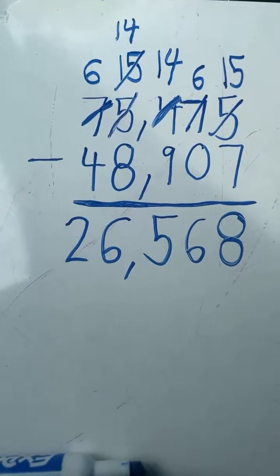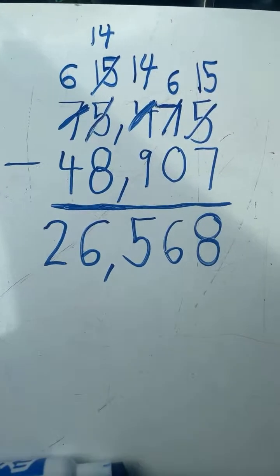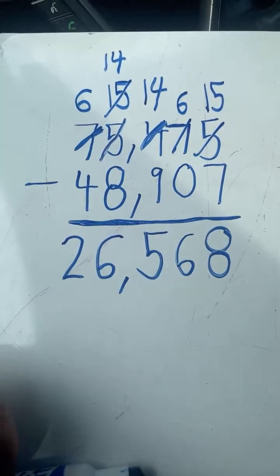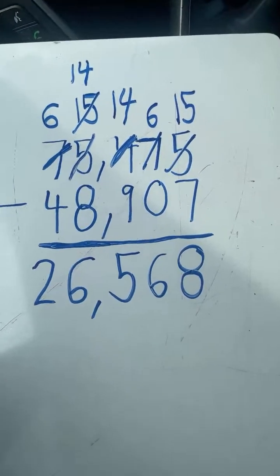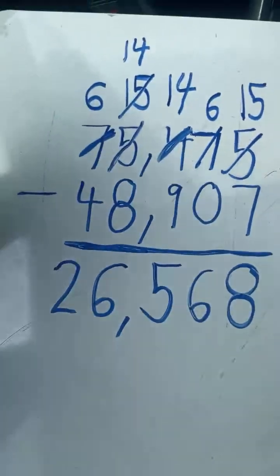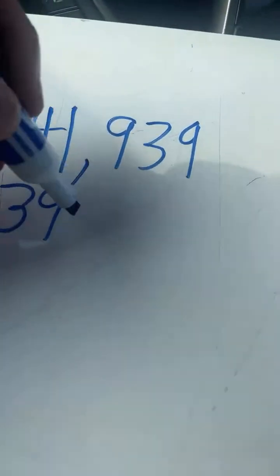All right, shout out to everybody tuning in. I am going to do one more example. I'm trying to take a screenshot of the problem. There we go. All right, next example. 41,939 minus 39,750.